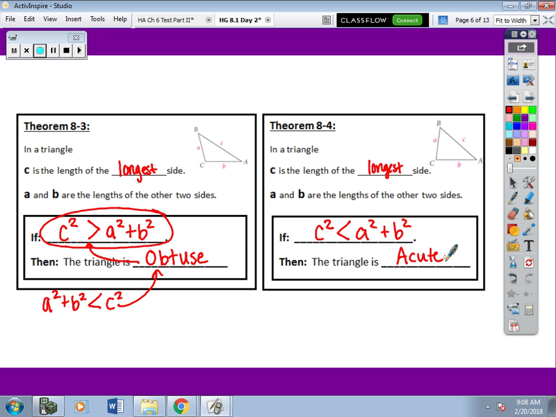And if you prefer, you may just want to always do the c squared first. You'll see me do this. I put a little box there. And then at the end of the problem, I'll fill in the box with a greater than symbol, a less than symbol, or an equal to. And then I can classify it at the end.